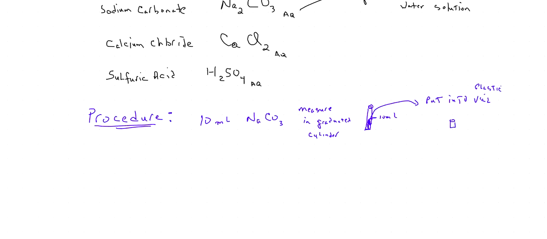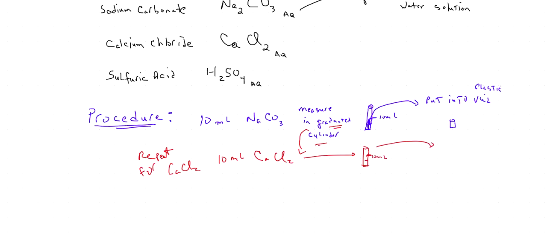And then we're going to repeat this same thing for the calcium chloride, for CaCl2. So we're going to take 10 mLs of calcium chloride. We're going to measure it in a graduated cylinder, 10 mLs, and then we're going to put it in the vial.